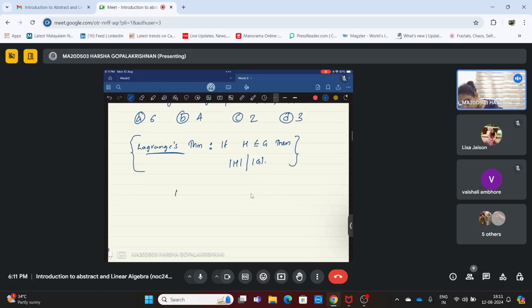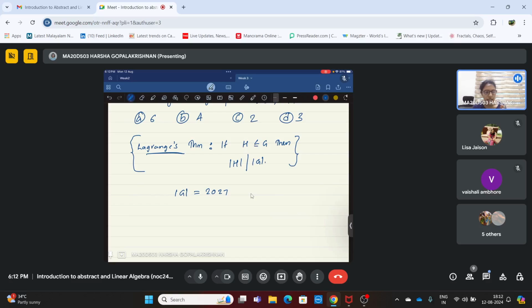What is the cardinality of G here? 2027, correct. Because Z_2027 starts from 0 up to 2026, so a total of 2027 elements are there. So we need to find the number of divisors of this.